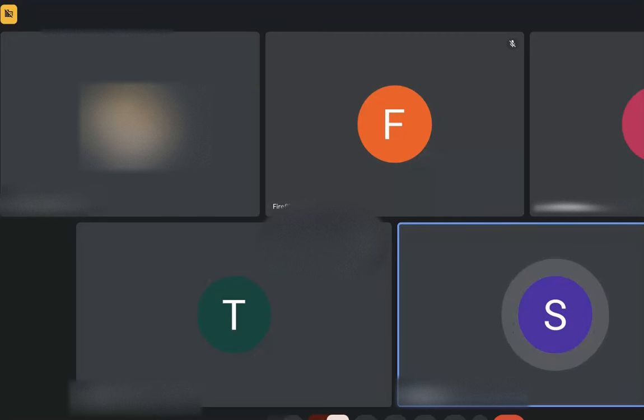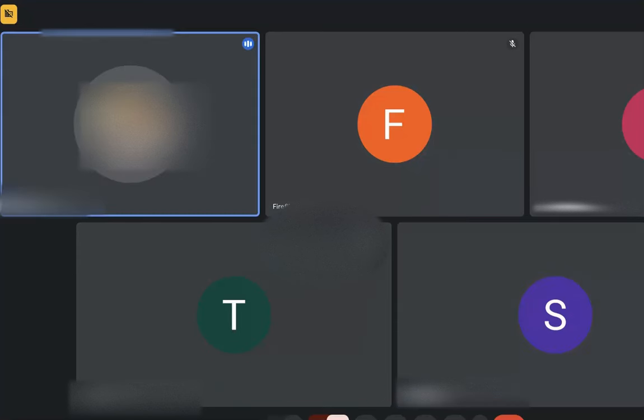Okay. So can you tell me, what is hoisting in JavaScript? So hoisting is a mechanism in JavaScript where your functions and variables are treated at the top level by JavaScript.